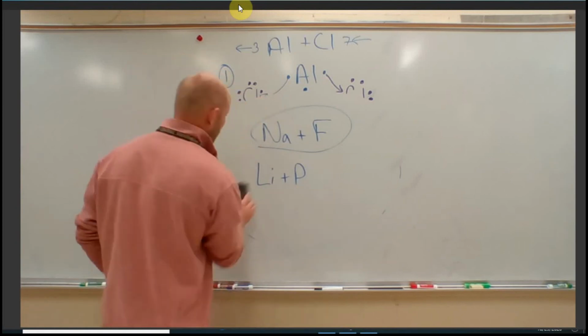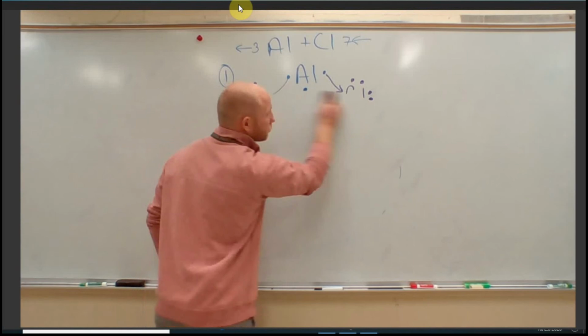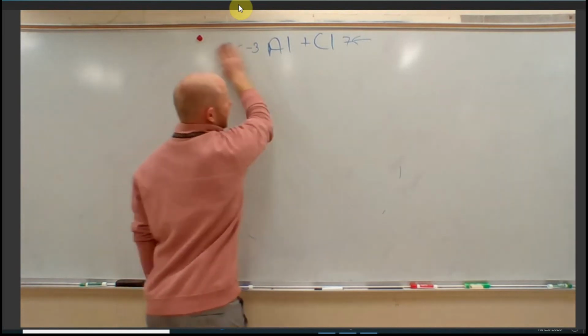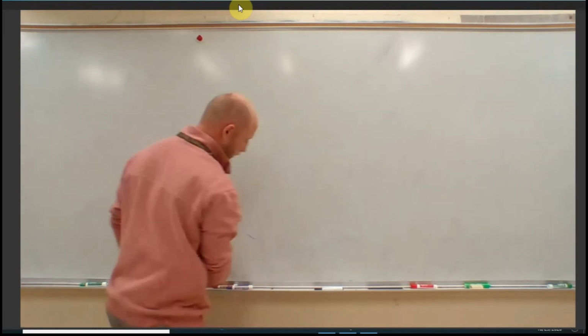Let's get back to covalent bonds. So there's 2 types of bonds. We talked about covalent bonds at the beginning of last week, and then we've been just kind of finishing up on ionic bonds.